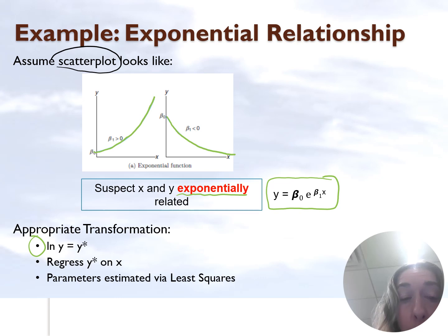We'll then regress Y star, or natural log of Y, on X, and parameters will be estimated via the usual method of least squares estimation.